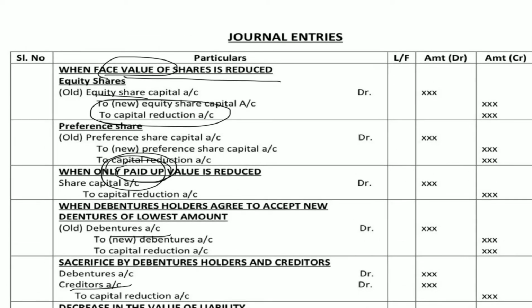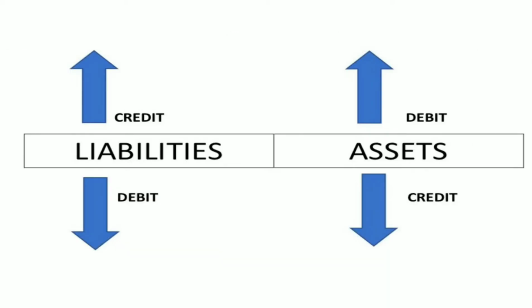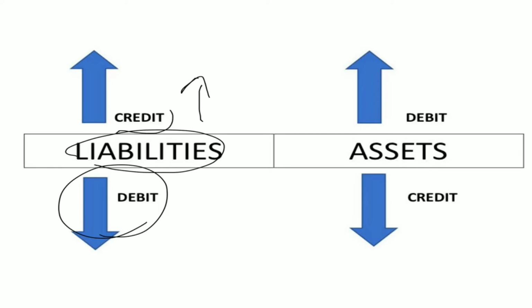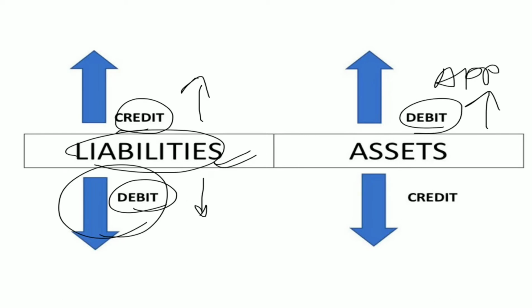Before we get into the journal entries, let us first check the simple and easy rule that helps us to easily pass the journal entries. When liability increases, you will credit the value, and when liability decreases, you will debit the value. Whereas, when an asset increases or appreciates, you will debit the value.